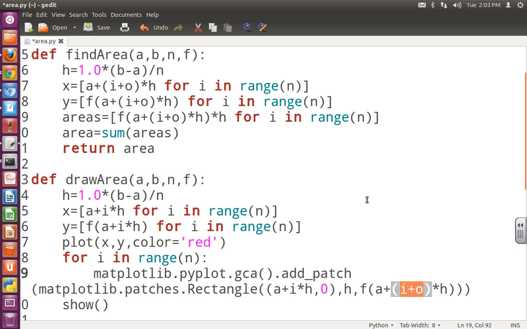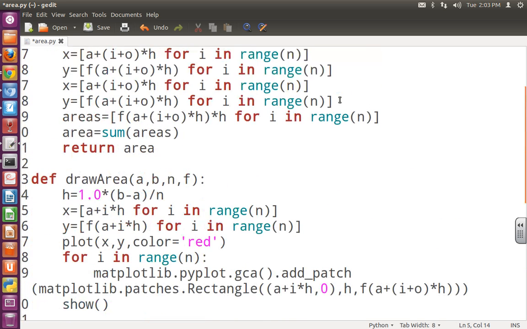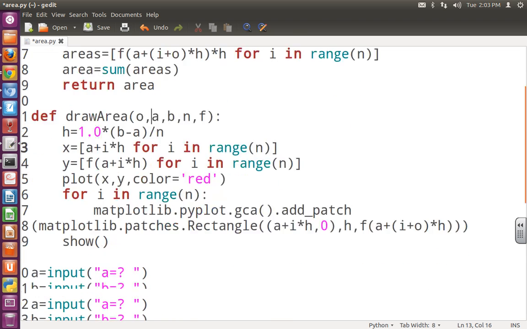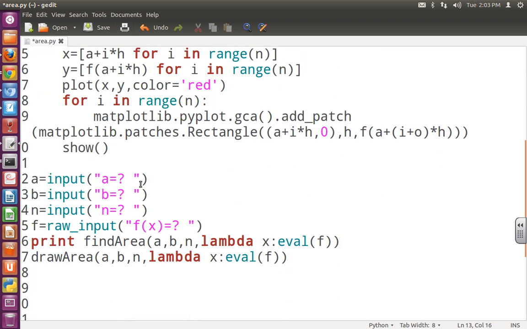All right, now that means I need O. So let me put O here. This is the whole thing. All right, so put an O here. Put an O here. Okay, and put an O here.